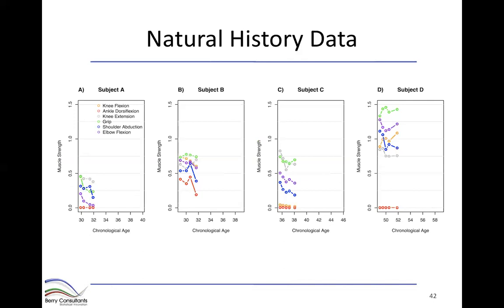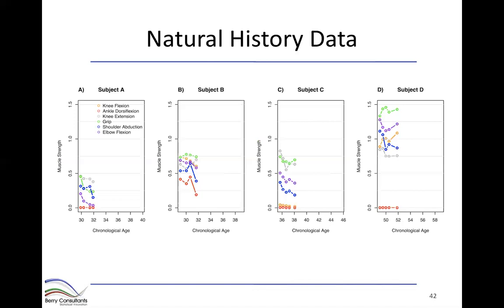Whereas subject B, who is about the same age as subject A, is relatively flat on those upper extremities, but actively declining on their ankle dorsiflexion. So you can already see right away that chronological age is not a really good predictor of disease stage. So this subject, we would say, is later progressed, or at a later disease stage, than subject B. Another thing you can notice from the natural history data is that the percent predicted at healthy can vary widely between subjects.